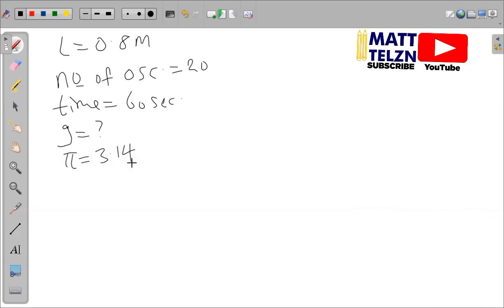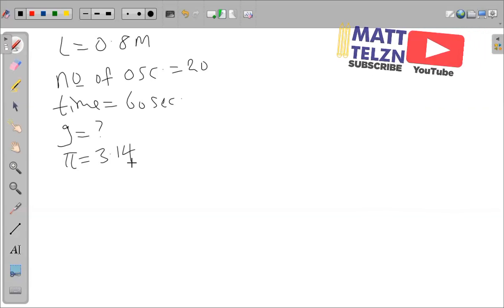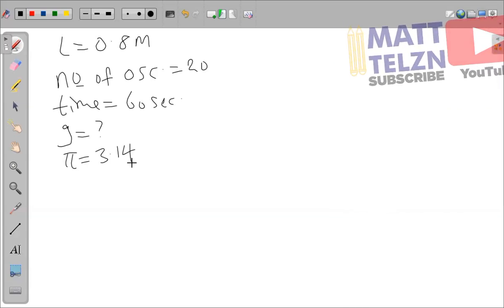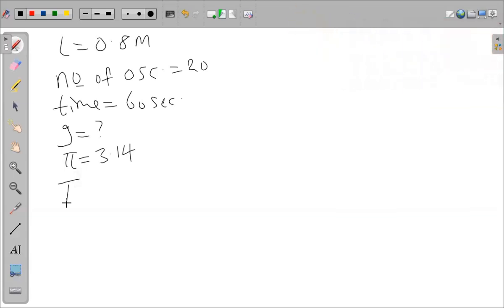Now the relationship that we need to recall is our period T is equal to 2 pi root L over g. The T here stands for period, and the L there stands for the length of the oscillating object. Then g here is our acceleration due to gravity, and that is what they ask us to calculate.